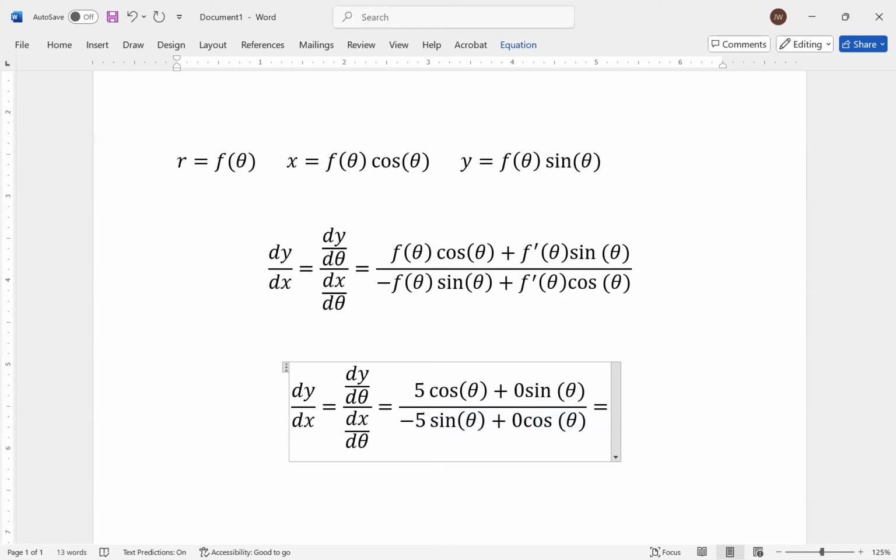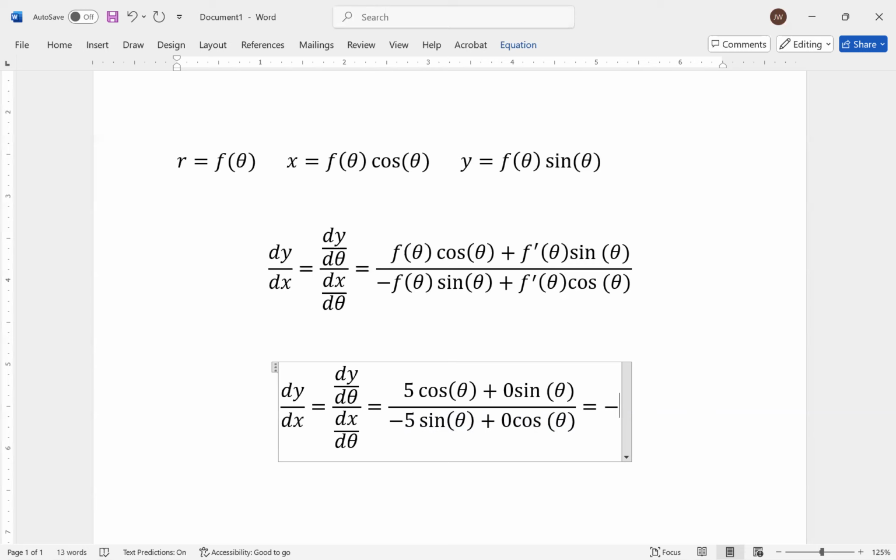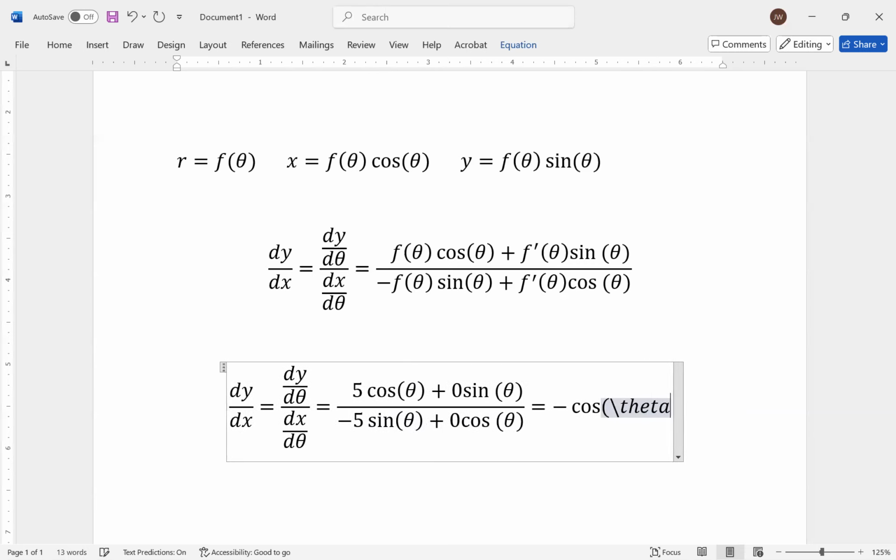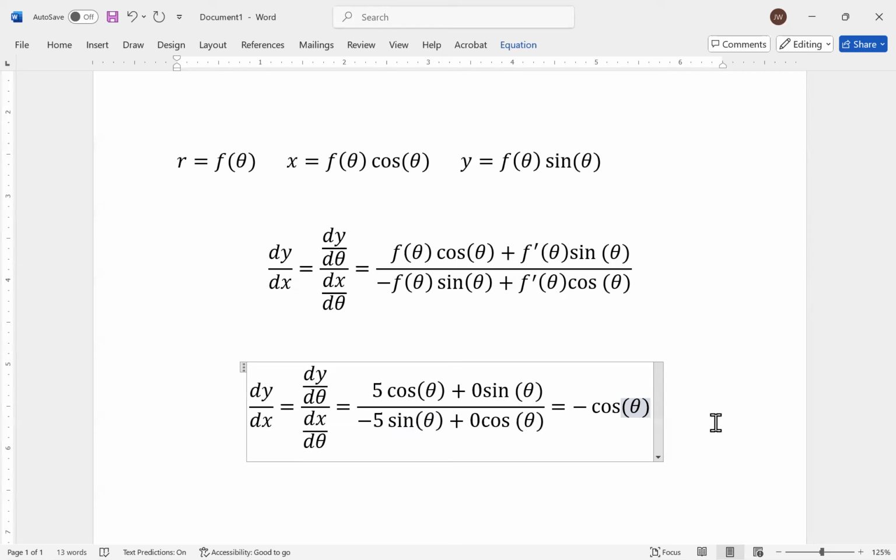That 0 times sine in the numerator and 0 times cosine in the denominator go away. 5s will then cancel out. So I will just get negative cosine of theta divided by sine of theta.